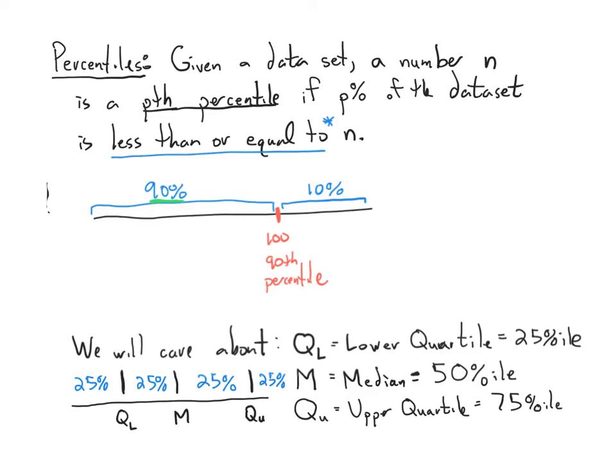Now, I will say the following. I put a little asterisk here about percentiles being less than or equal to that number. It turns out there's no real standard definition for percentiles and quartiles, and it really doesn't matter when you have large data sets.